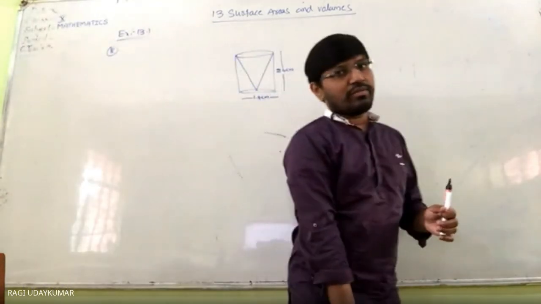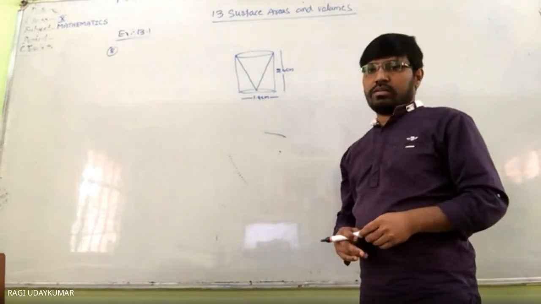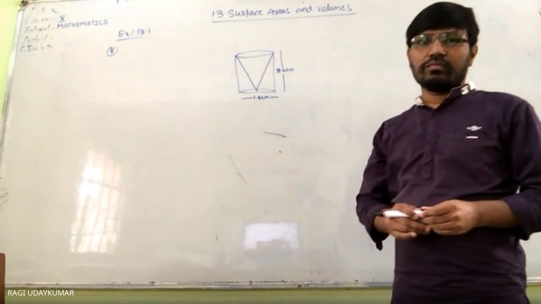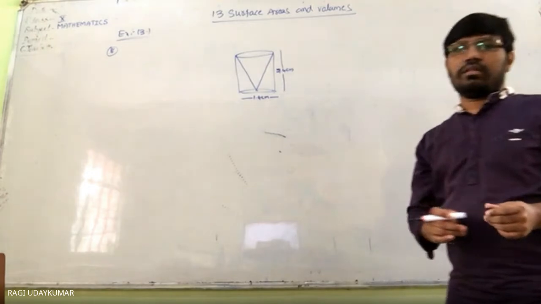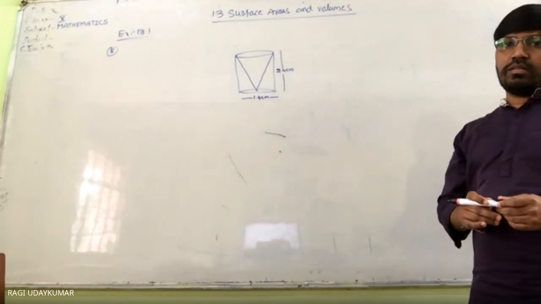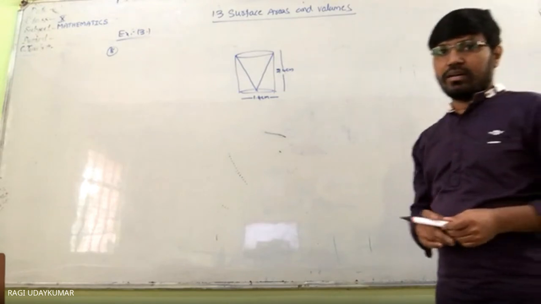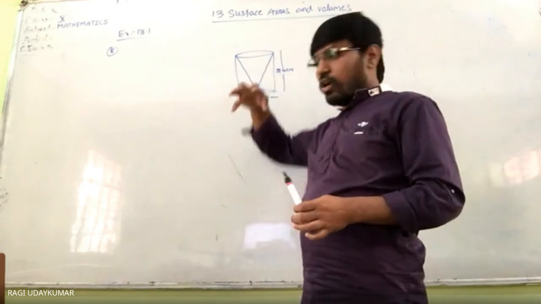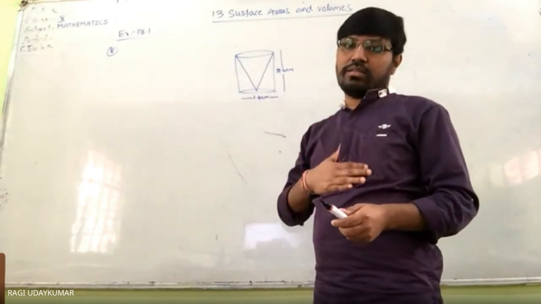Can anyone say what will be the formula? Formula क्या होगा? Curved surface area of the cylinder और उसके अंदर से एक conical shape is cut out करें.